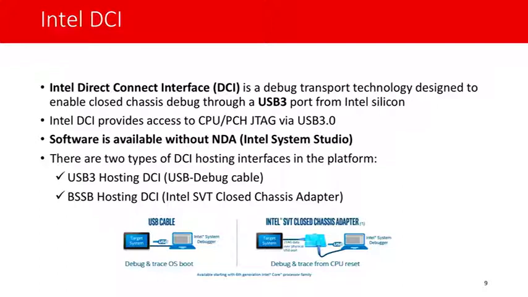The diagrams show two types of connection using a specific device, the so-called Intel SVT closed chassis adapter, or a common USB 3 debug cable. I would like to note that the target system in this case doesn't require any software or hardware agent. The advantage of this technology is that it works out of the box.